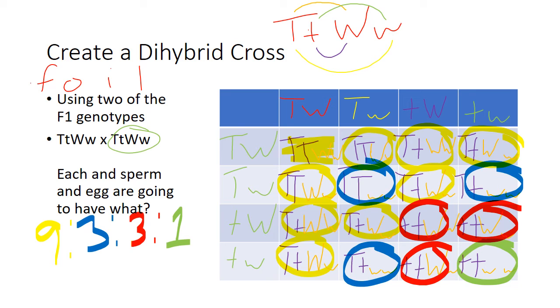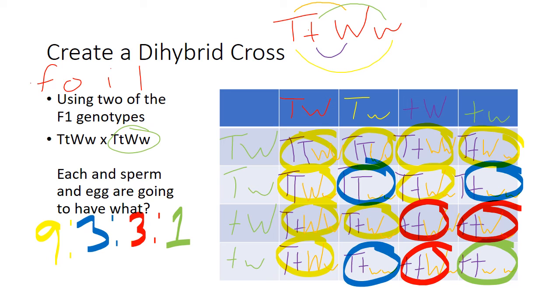So that is a 9-3-3-1 ratio. 9 are purple and tall. 3 are purple and short. 3 are white and tall.